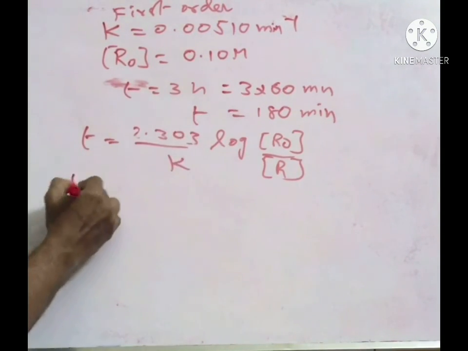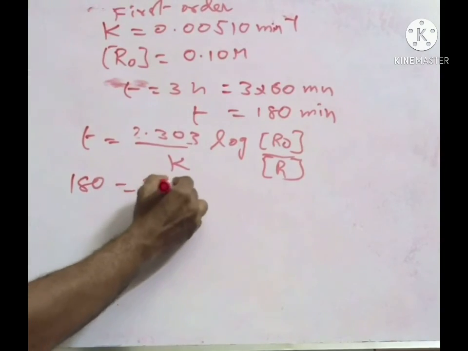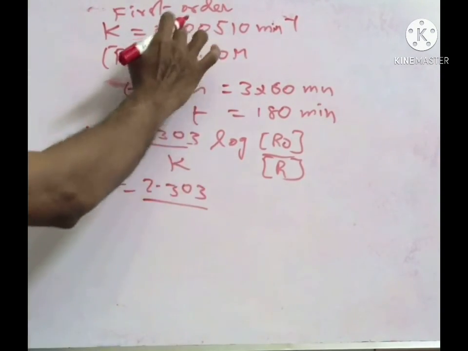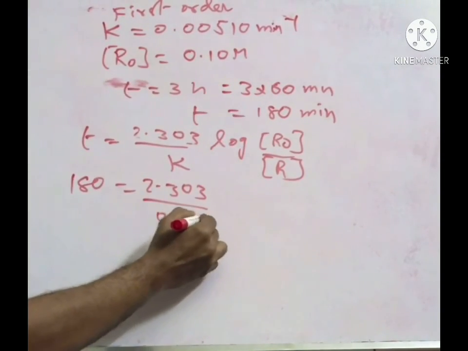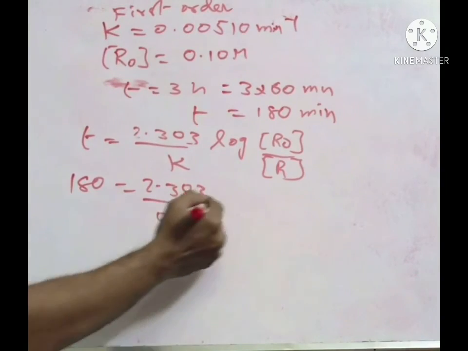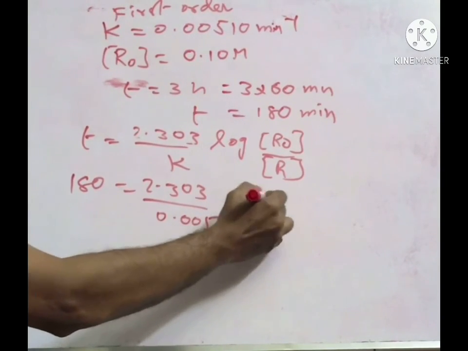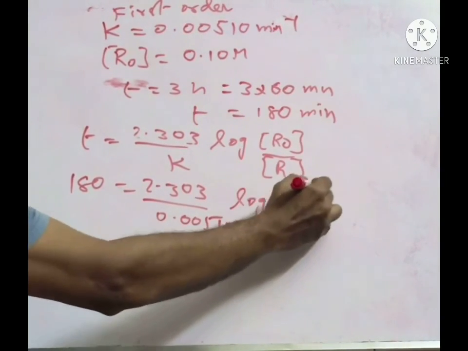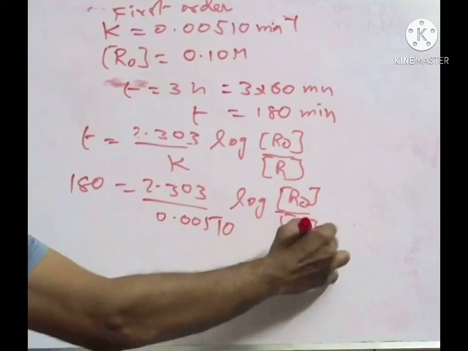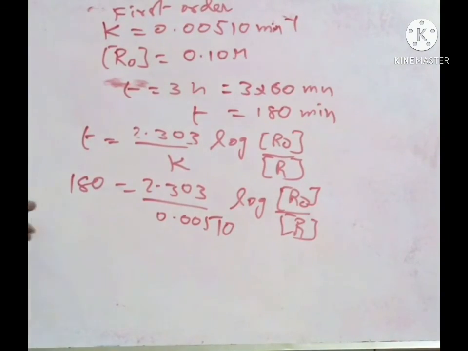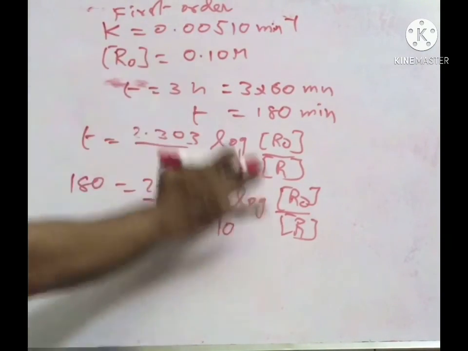So you substitute all: 180 equivalent to 2.303 by K, K equal to 0.00510, and log initial concentration is R naught by R. R naught we know already, 0.1.